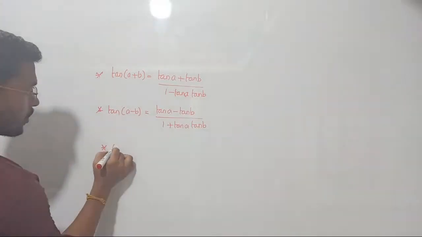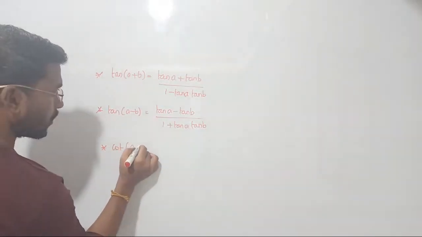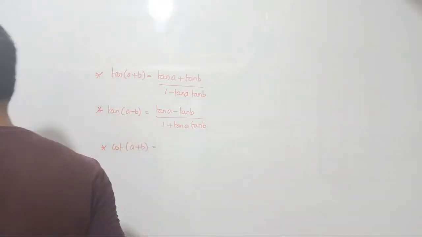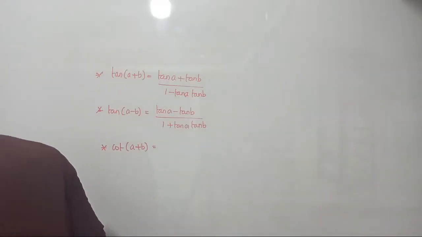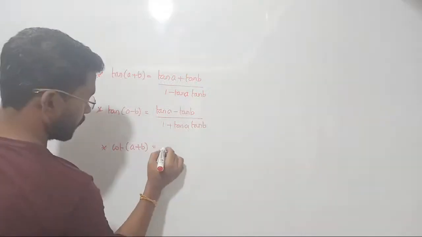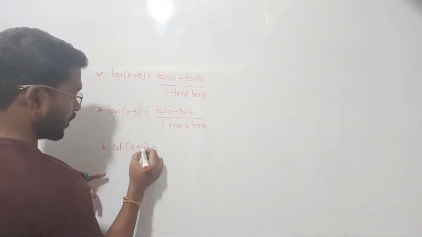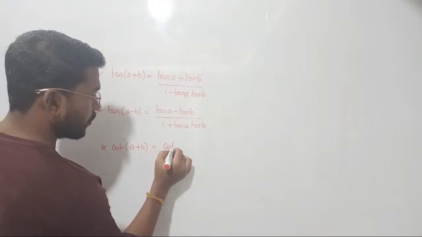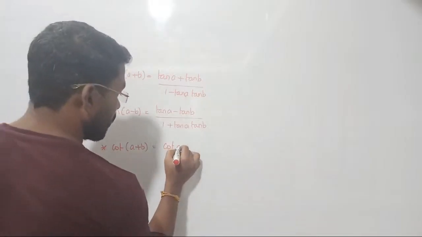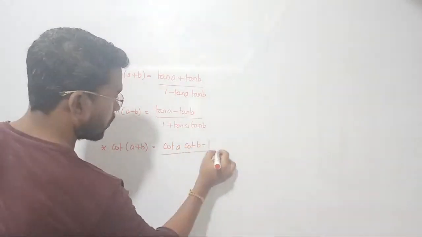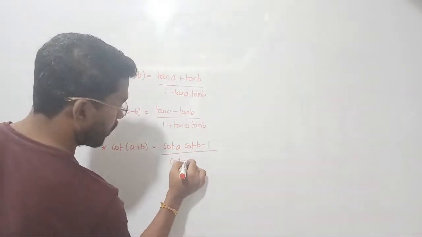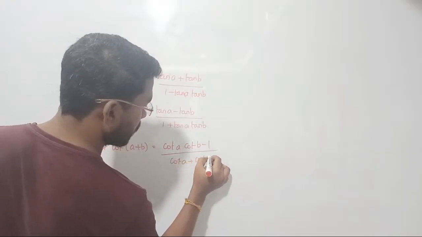Next, let us write cot of (a plus b). It is just opposite to this one. Cot of (a plus b) is cot a cot b minus 1 upon cot a plus cot b.